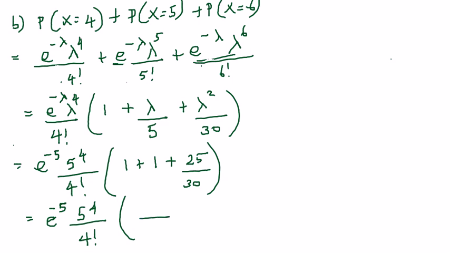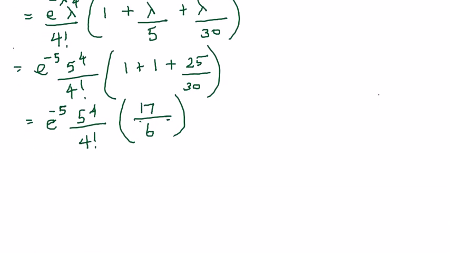After you take LCM, it is going to be 60 plus 25, 85 by 30, and if I divide by 5, it is going to give me 17 by 6. So I'm just straight away writing it as 17 by 6. So it's going to be e power minus 5.